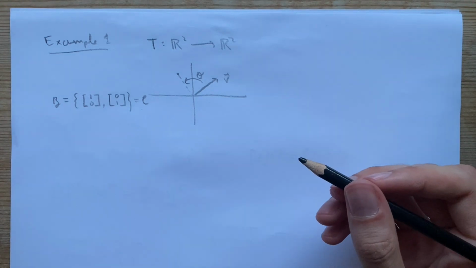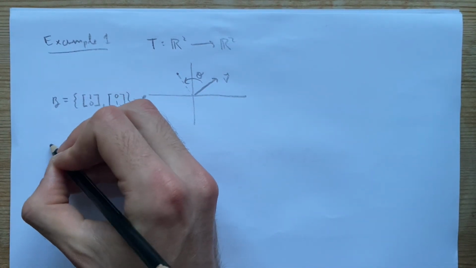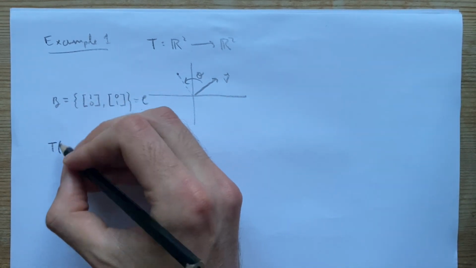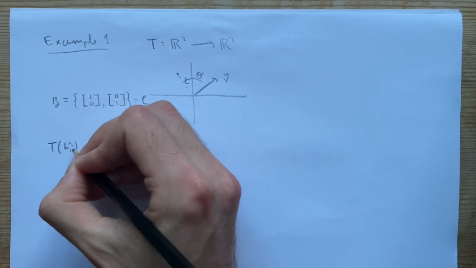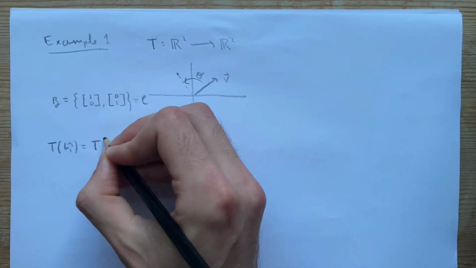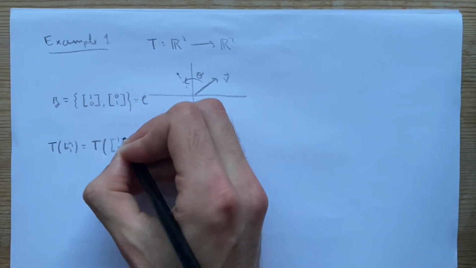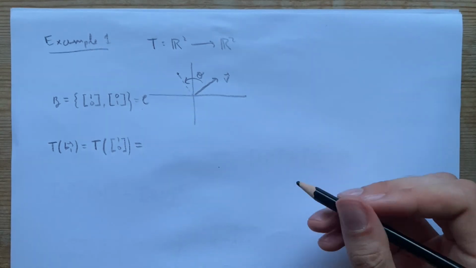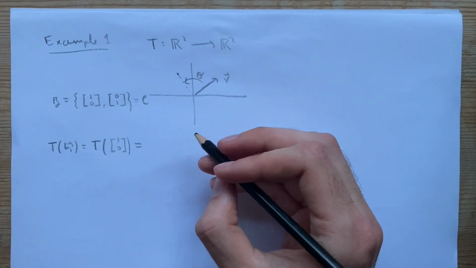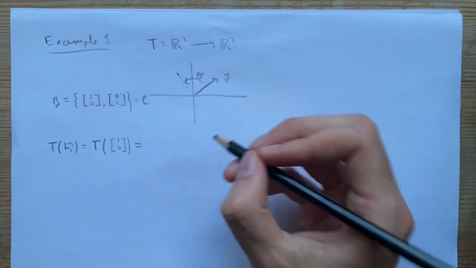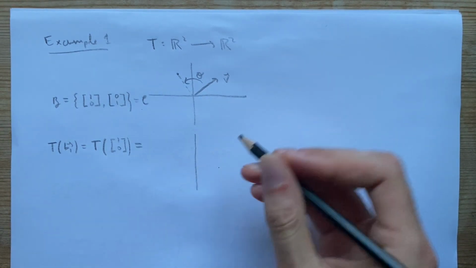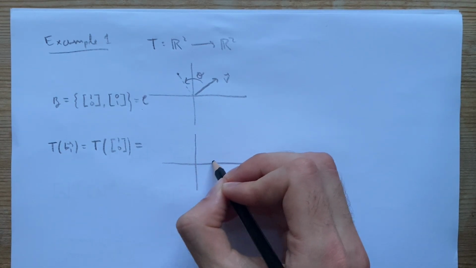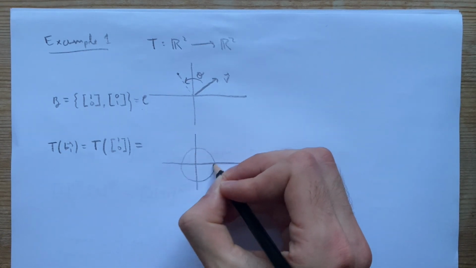And now what we need to do is to find T, the rotation of an angle theta of the first basis vector, which is rotation of the vector (1, 0). And so if we look, (1, 0) is on the unit circle. So if we draw a picture of what is going on, we look at the unit circle here.